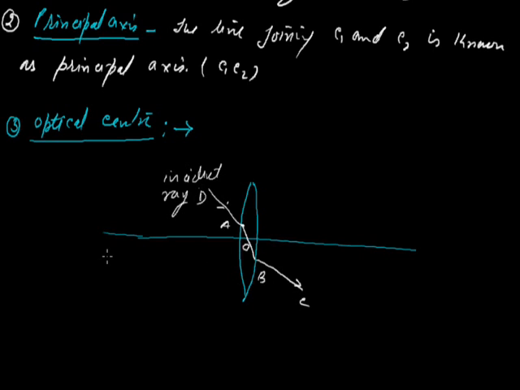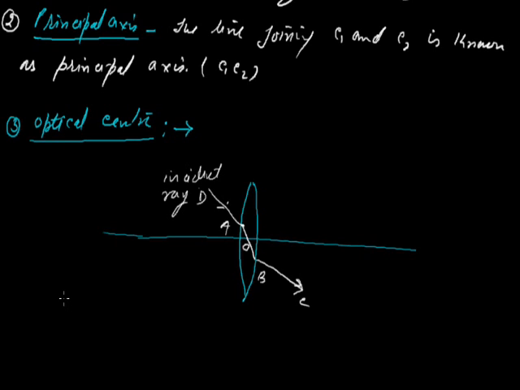DA is incident ray. AB is refracted ray and BC is emergent ray. The ray falling on the lens in such a way that the incident ray and the emergent ray are parallel.